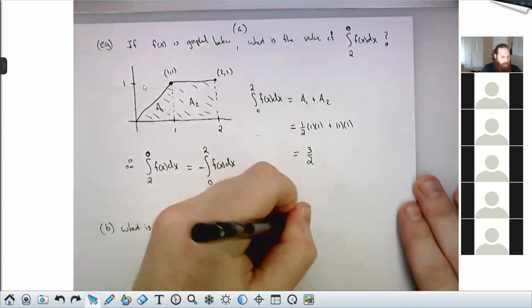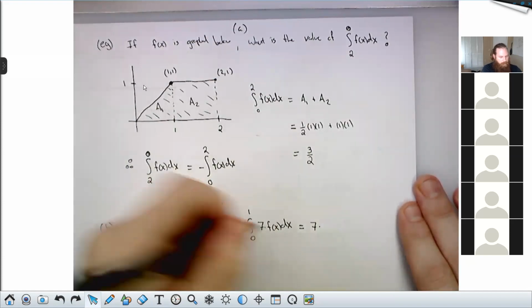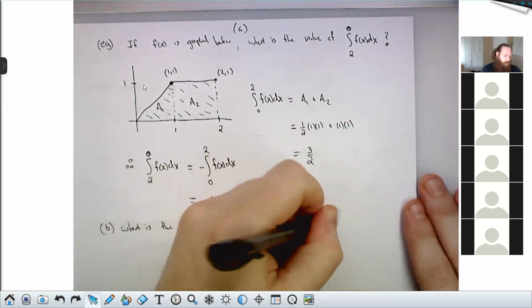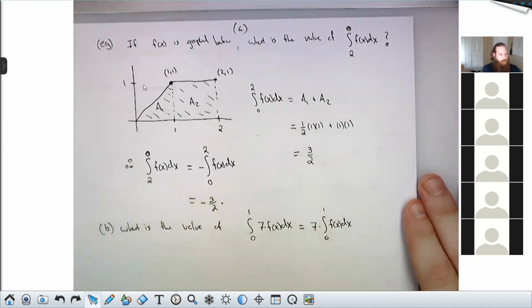Pull out the constant. So this 7 is a constant multiple inside, so it can pop out. So that's 7 times the integral from 0 to 1 of f of x dx. Okay, what is the integral from 0 to 1 of f of x dx?